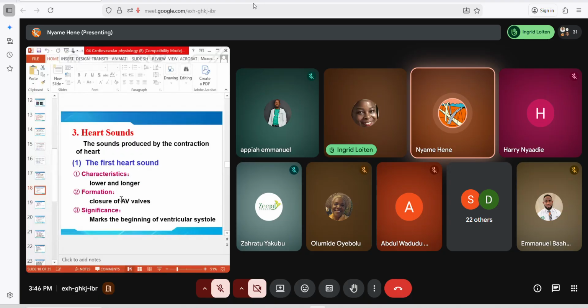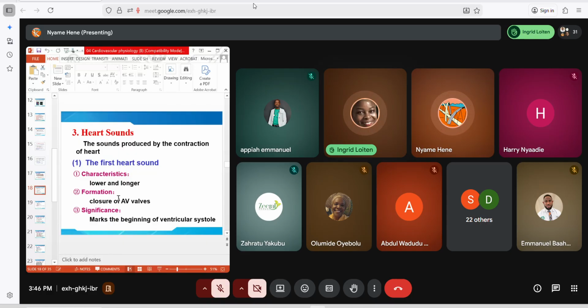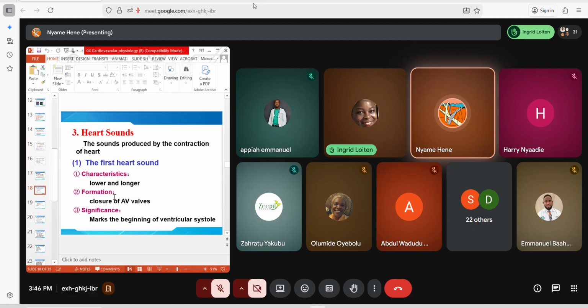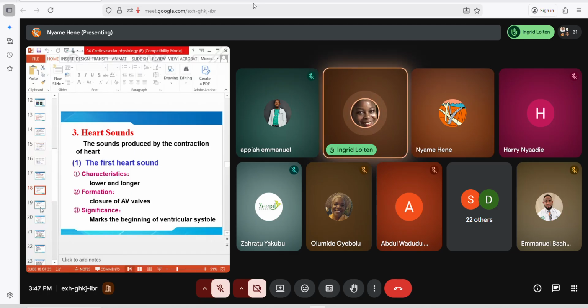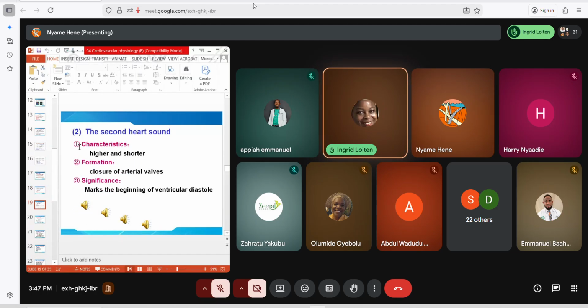So there are two. We have the mitral, bicuspid, and the tricuspid. Tricuspid is tri for 3, and mitral is bicuspid, which is like two valves, two flaps.